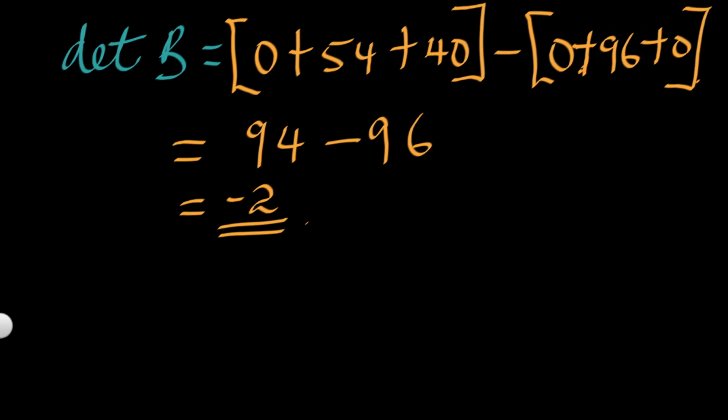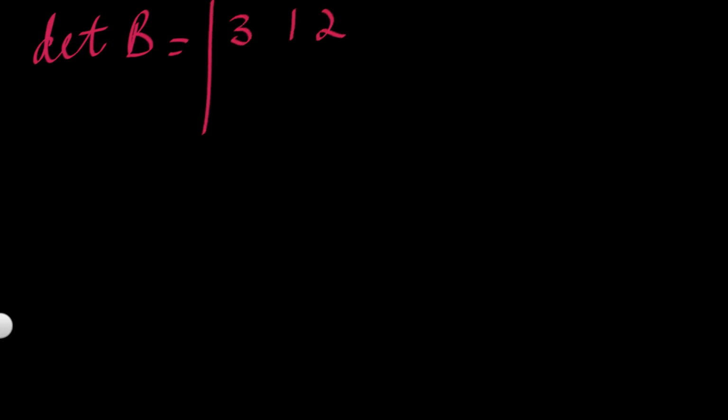So the determinant of B is minus 2. Let me redo it again, just to emphasize this. If we're looking for the determinant of the 3 by 3 matrix, which is the determinant of B, which is essentially 3, 1, 2. I have to write my numbers clearly here so that I don't confuse them. So 3, 5, 7 in the first column.